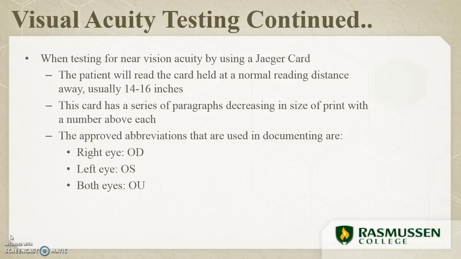The card has a series of paragraphs that are decreasing in size. Typically at the top we'll have very tiny ones. Going down they will be larger, and they'll read from the bottom up. The patient's result is the number above the last paragraph that they can easily read without any errors.